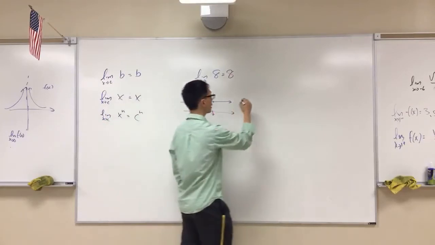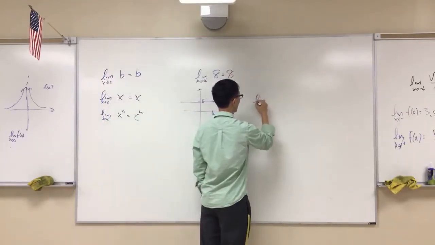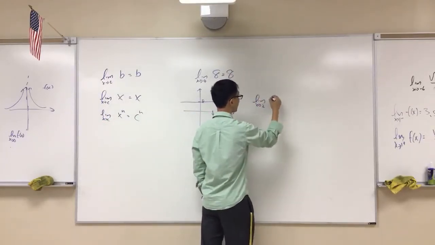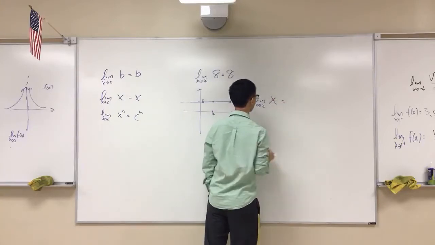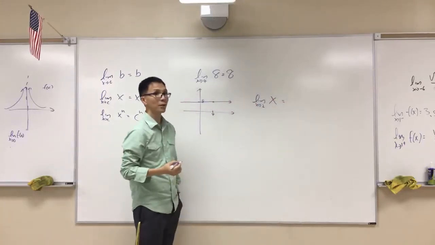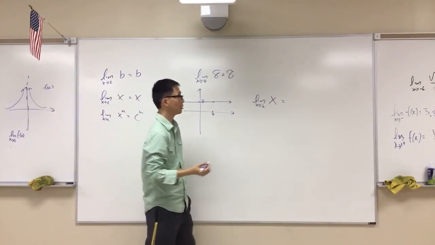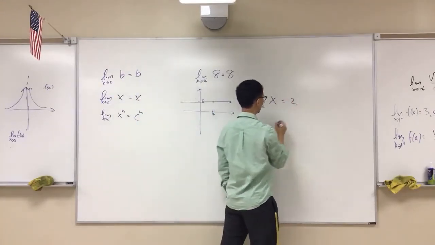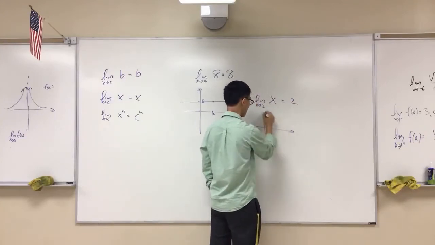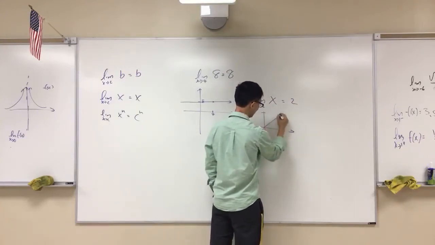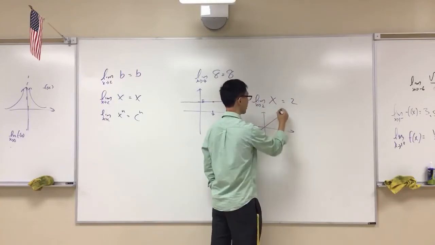But then this one here, the limit as x approaches 2 of x. Then you say, well, this one's what? 2. Because if you draw it out, the x function is going to look like this. This is the x function, y equal to x.